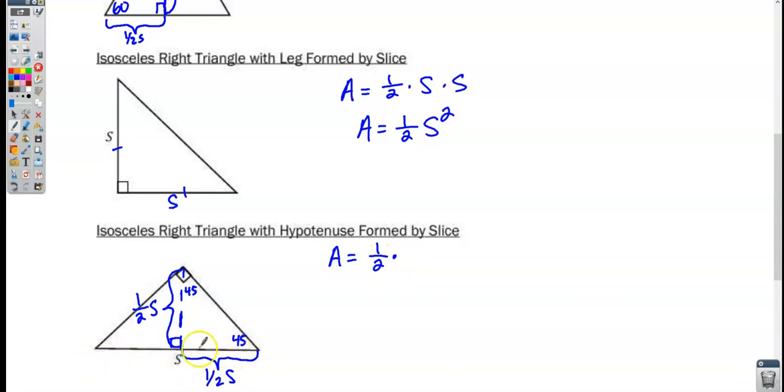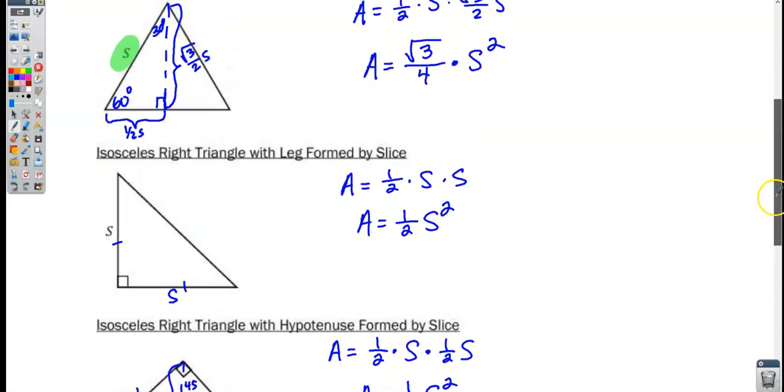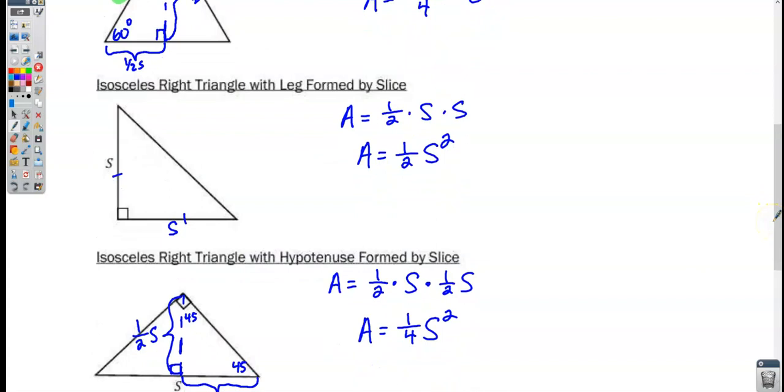The base is S, times the height, and the height is 1/2 S. And so simplifying, there's my area formula when I've got a right triangle with a hypotenuse in the base of the solid.